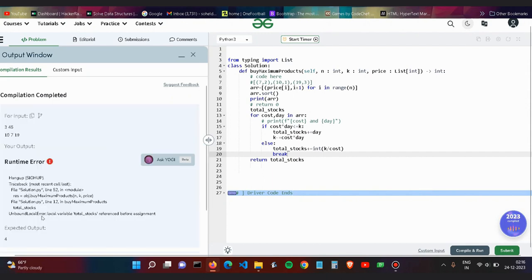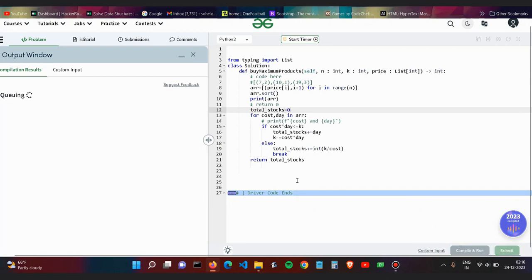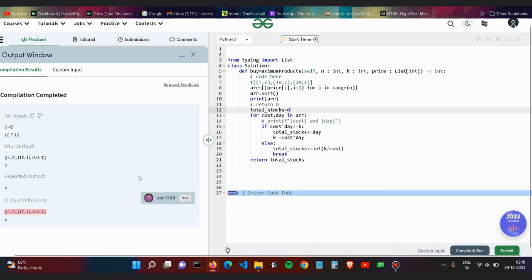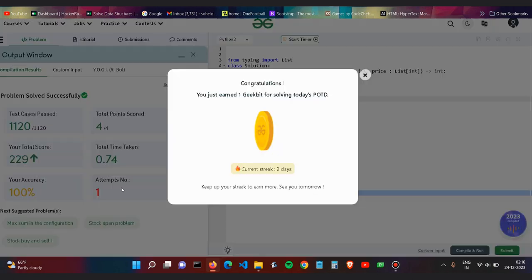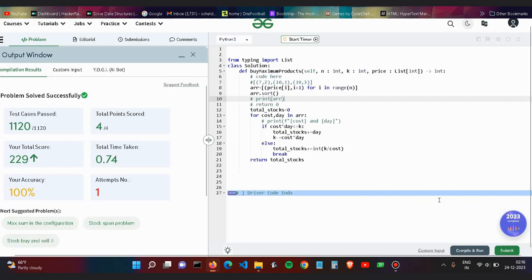Okay, and we need to do this thing. Comment it out. So yeah, this should work. I'll be submitting the code. All right, so we have completed this problem of the day, and thanks for watching, guys.